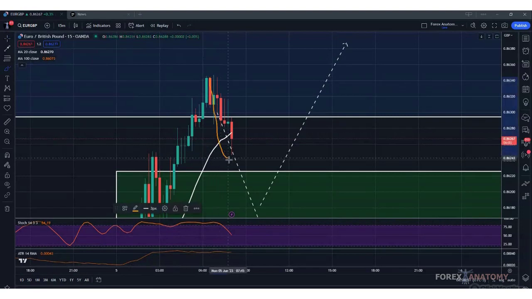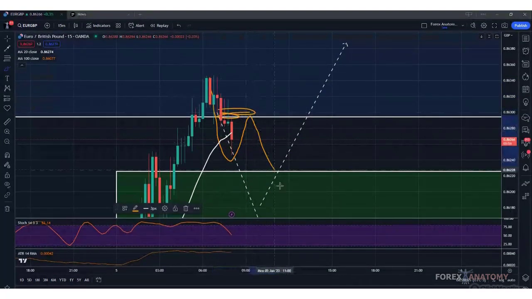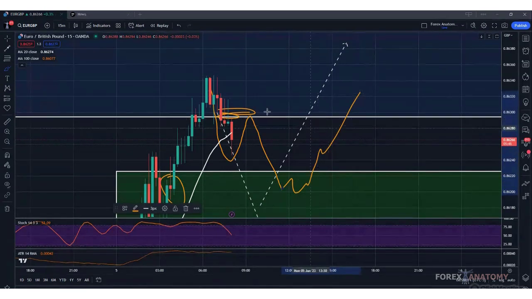This is leg A. Leg B will correct up to an area of supply right around here. And then we'll see a leg C down here to this area of demand. And then we should see price could continue pushing up to test the highs.